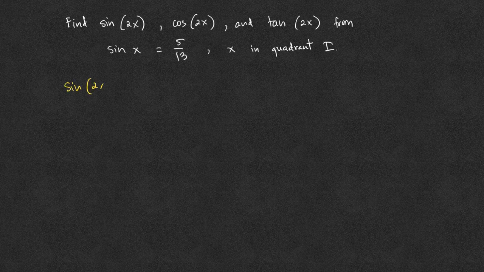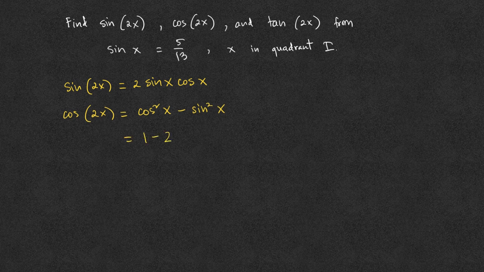Sine of 2x is 2 sine of x times cosine of x. Cosine of 2x is cosine squared of x minus sine squared of x, or if we want to, we can use 1 minus 2 times sine squared of x, or 2 times cosine squared of x minus 1.